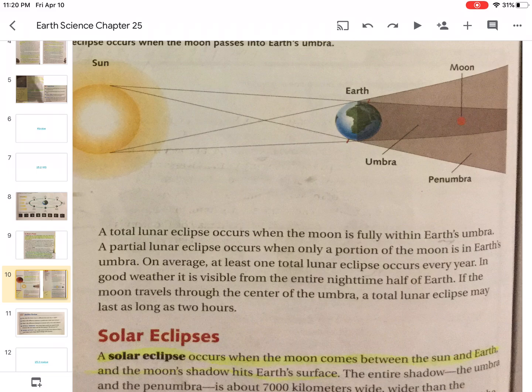A total lunar eclipse occurs when the moon is fully within Earth's umbra. A partial lunar eclipse occurs when only a portion of the moon is in Earth's umbra. On average, at least one total lunar eclipse occurs every year. If the moon travels through the center of the umbra, a total lunar eclipse may last as long as 2 hours.